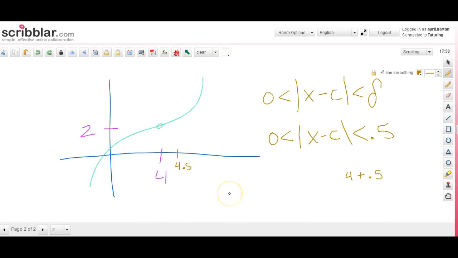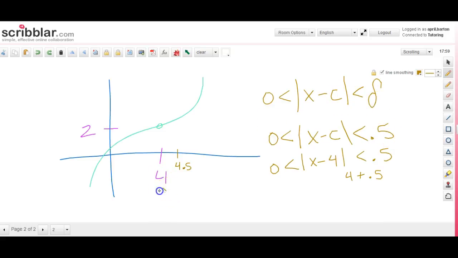But they're going to write it way more general. So we said the one we're approaching is c. So 4 is c, x minus 4. And we defined delta, but let's say we hadn't defined delta. So let's say we're back here.